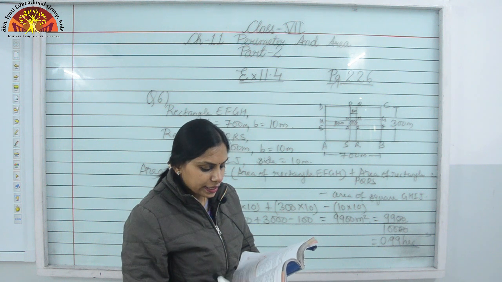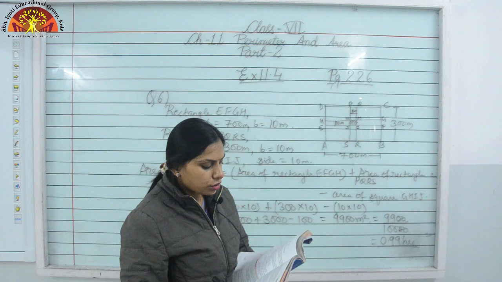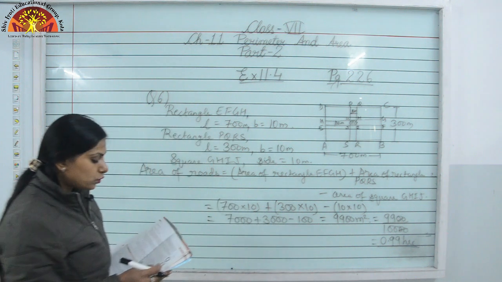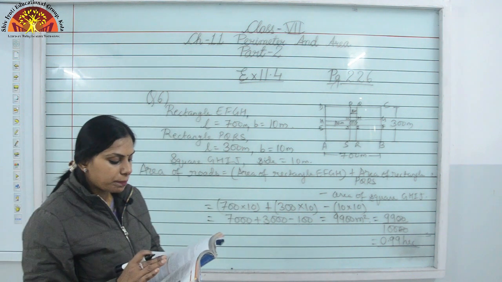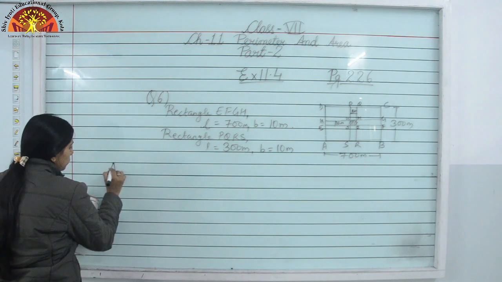Also find the area of the park excluding the crossroads. Now children, what you have to do? You have to find the area of the park excluding the crossroads. So just see over here.